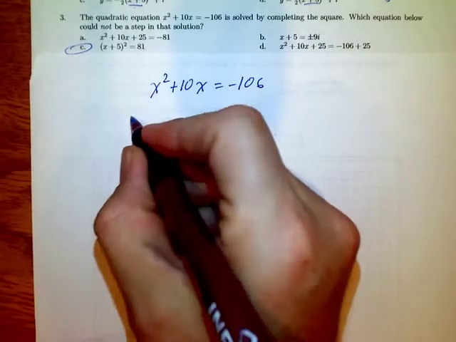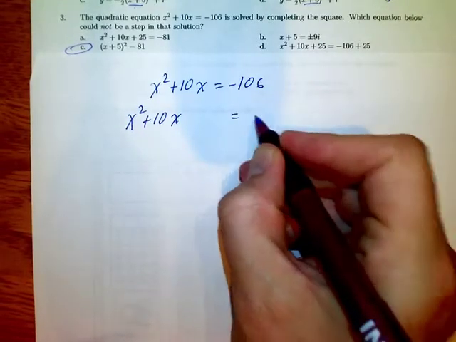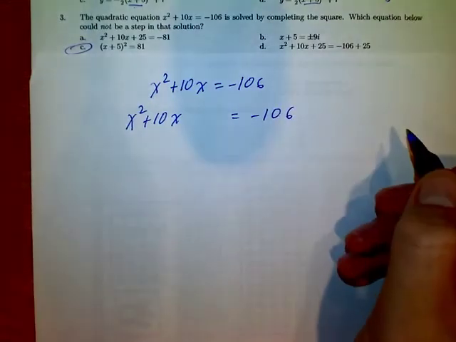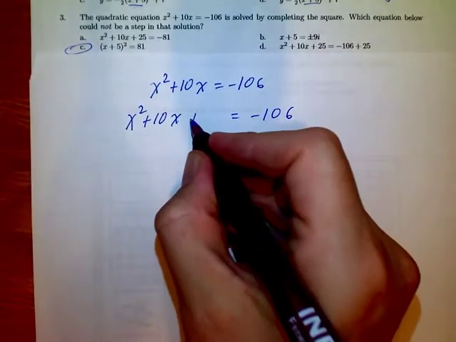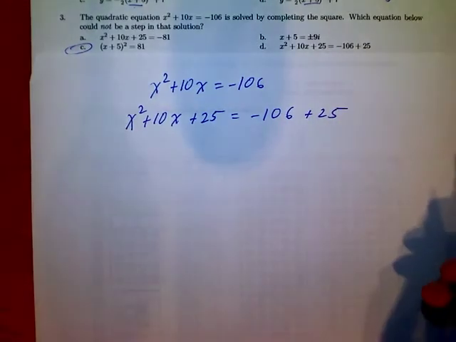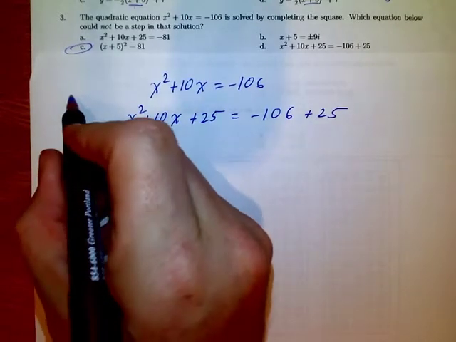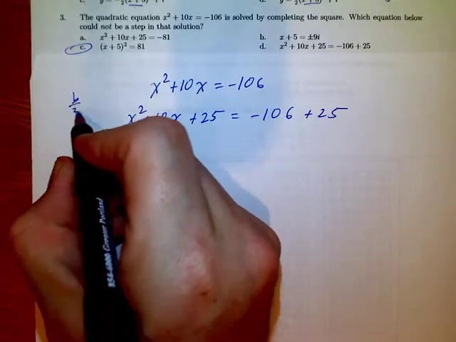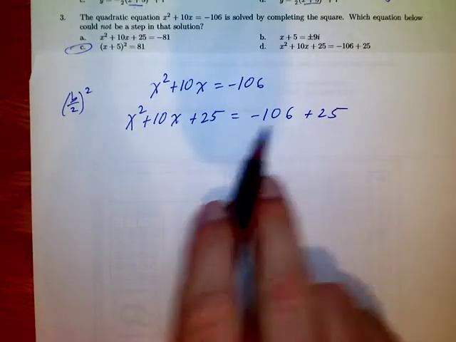Okay, so x² + 10x, and I'm leaving a space here because I want to add 25 to both sides. 25 is half of 10 squared. So you take half of b and square it, and you add that to both sides.